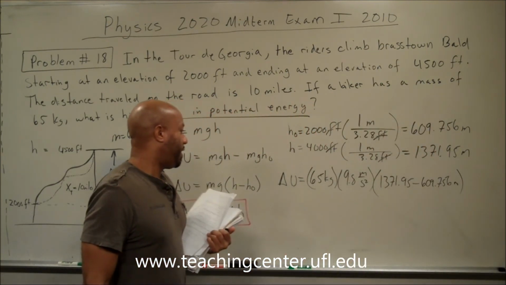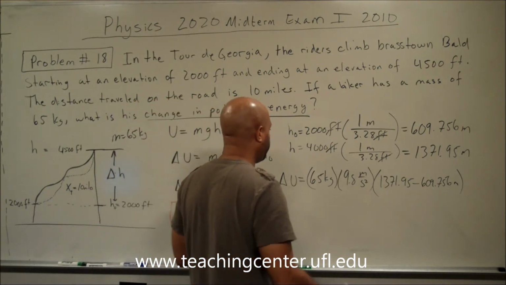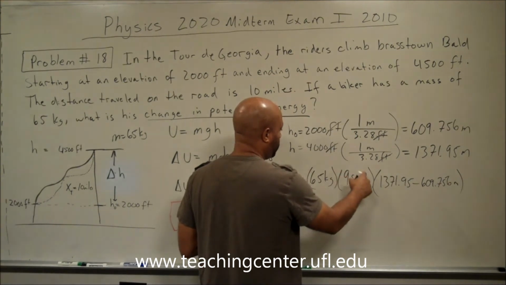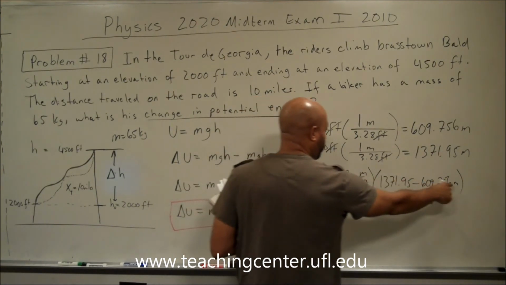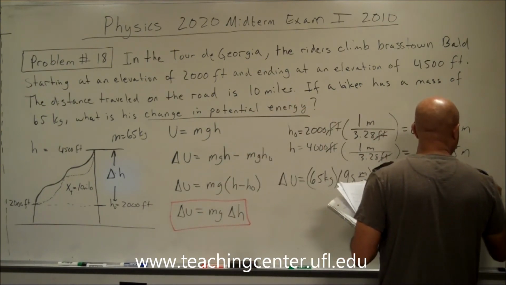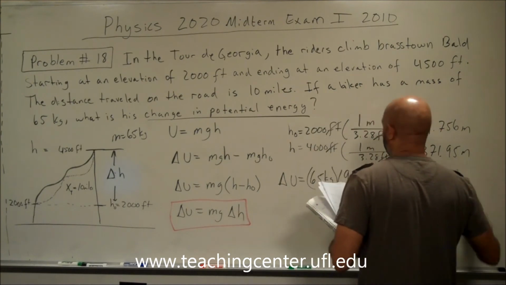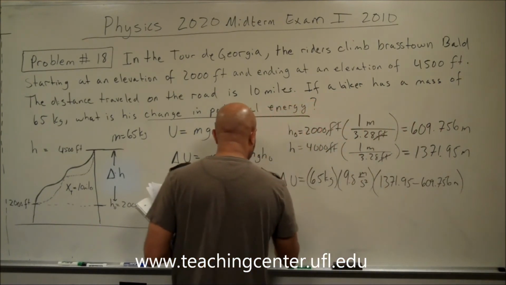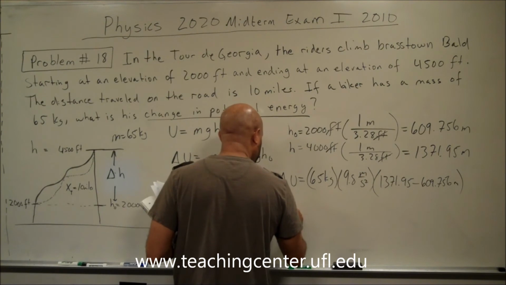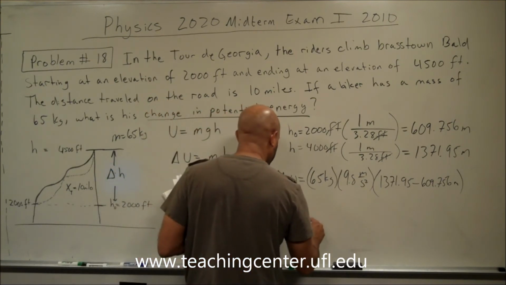What you'll see is that you'll have kilograms times meters per second squared times meters, so you'll have kilograms meters squared per second squared, and that is what we call a joule, or J.